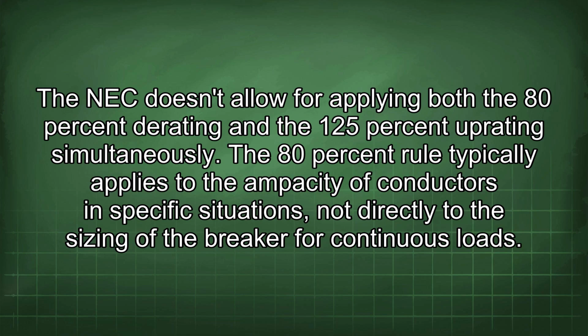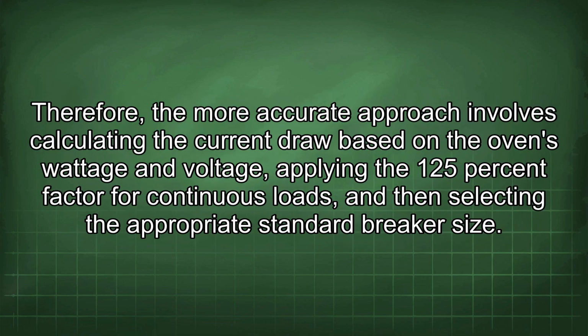The 80% rule typically applies to the ampacity of conductors in specific situations, not directly to the sizing of the breaker for continuous loads. Therefore, the more accurate approach involves calculating the current draw based on the oven's wattage and voltage, applying the 125% factor for continuous loads, and then selecting the appropriate standard breaker size.